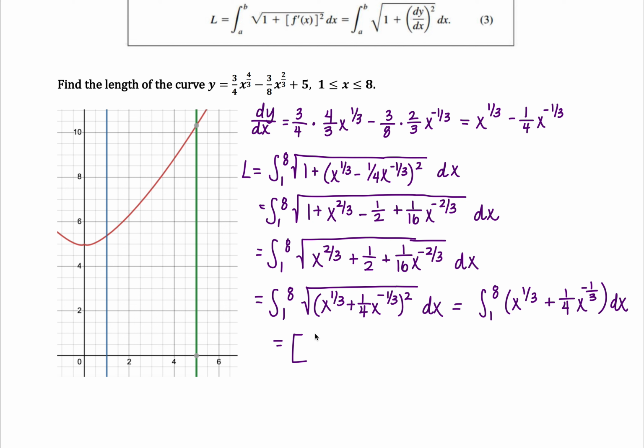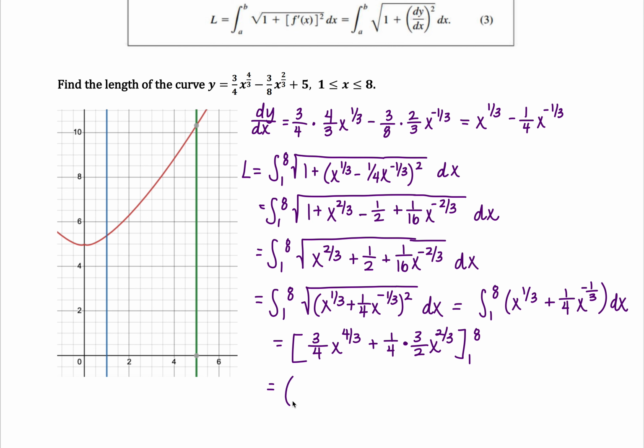we're going to end up with 3/4 x to the 4/3 plus 1/4 times 3/2 x to the 2/3. And we're going to evaluate that from 1 to 8. 1/4 times 3/2 is going to be 3/8.